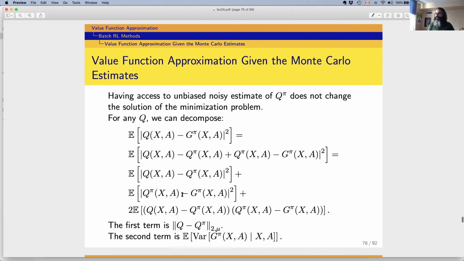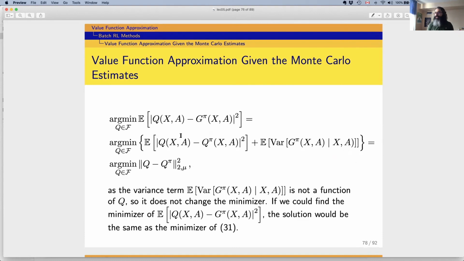So we had 3 terms. The last one, the inner product one, was 0, and we had another form for the first and second term. So now suppose we do the minimization of our Q functions in F of Q minus G pi.